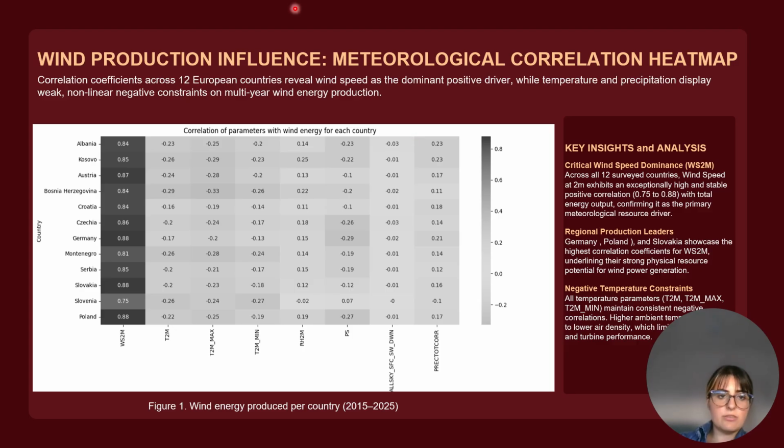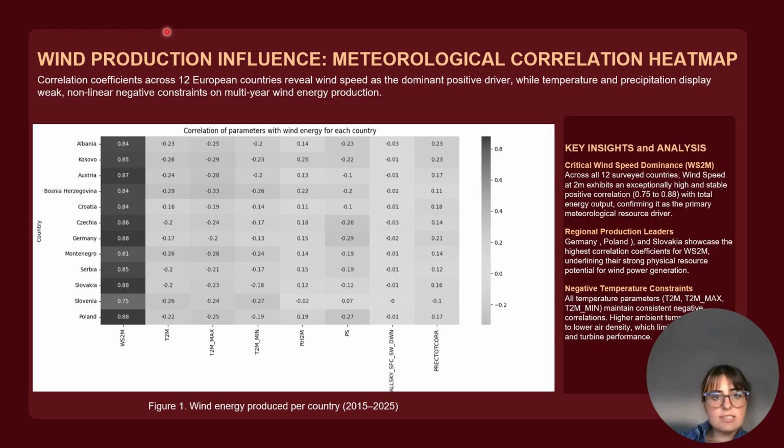while values near 0 are lighter gray, which indicates no correlation, or negative values that indicate an inverse relationship. First, we have measured the wind speed here in the column, and this shows a strong positive correlation, likely the strongest correlation with wind energy across a single country.